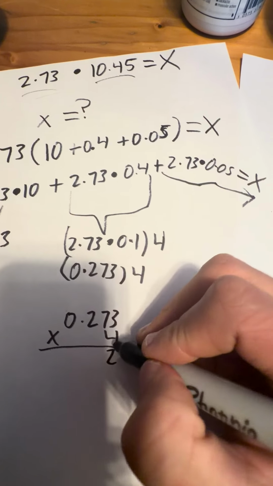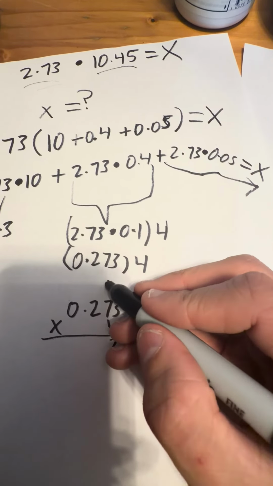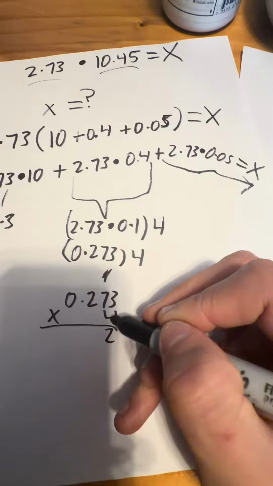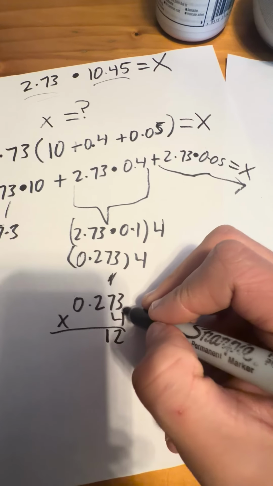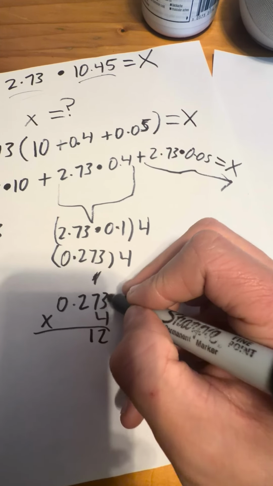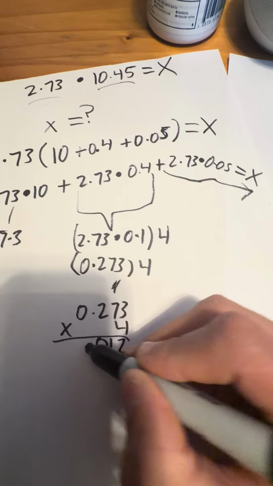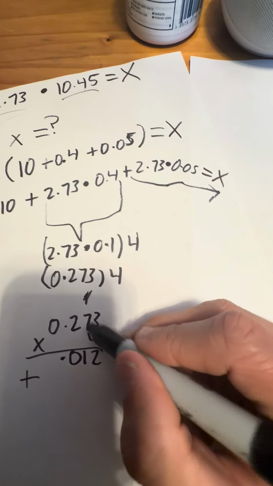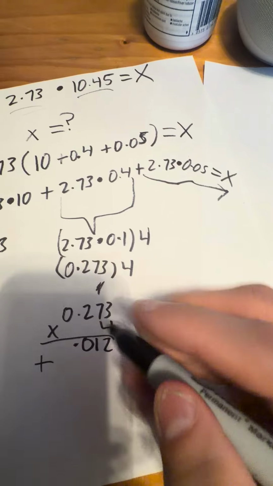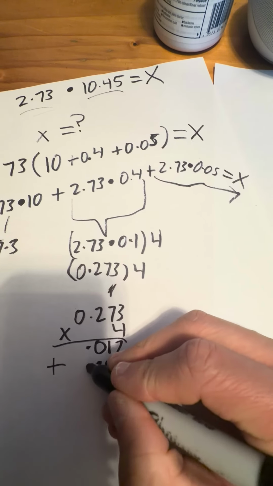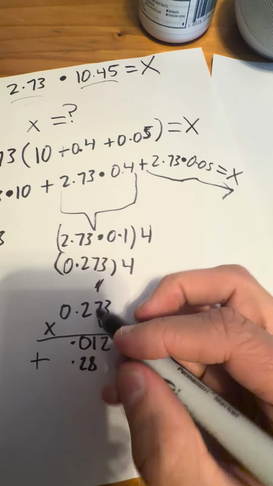Nah, wait. I'll show you how I do it in my head. 4 times 3 is 12. And since it's 3 thousandths, it's 12 thousandths. And then 4 times 7 hundredths is 28 hundredths.